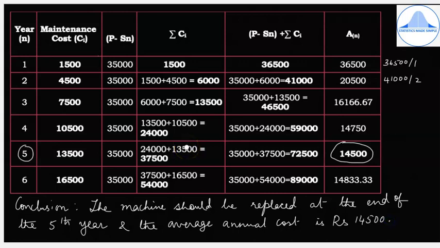The formula will carry 1 mark, the table will carry 3 marks, and the conclusion will carry 1 mark. So don't forget to mark the year in the table and also mark the average annual cost.